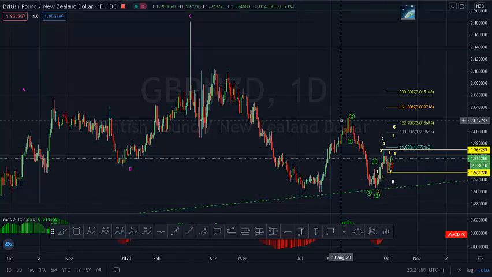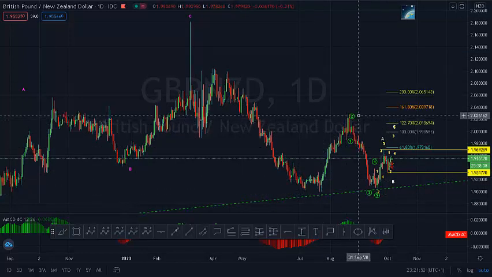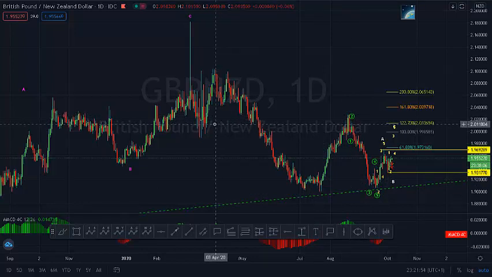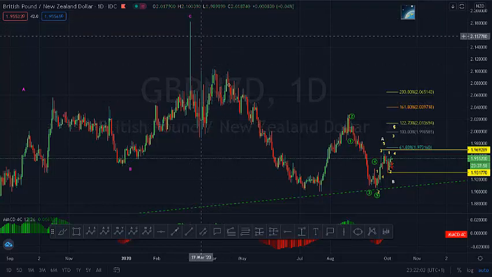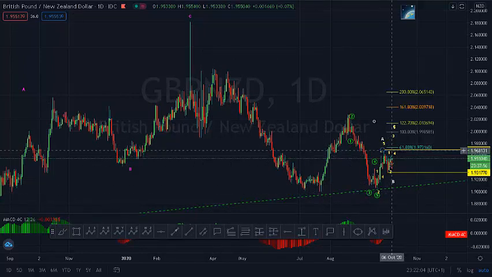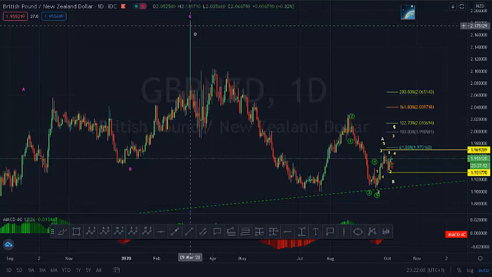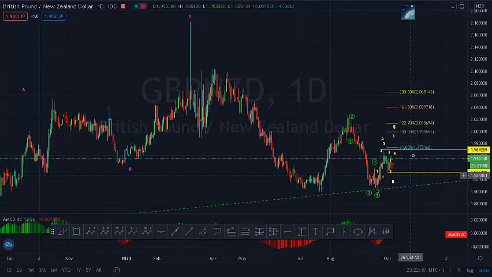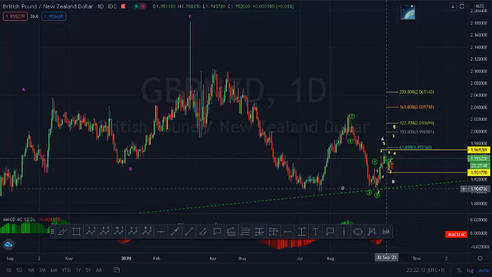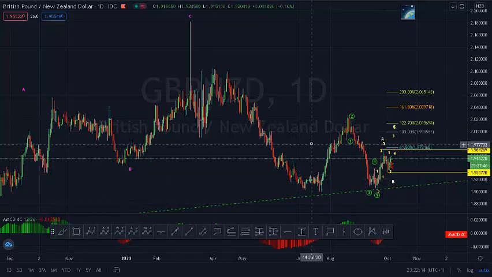If you see this as 4, it has entered the territory of wave 2, so it's no longer valid. But what is important, this is an impulse, and we are having a correction. That's what matters to me. This is impulse, this is correction. So let's keep our eyes on how this correction is developing.